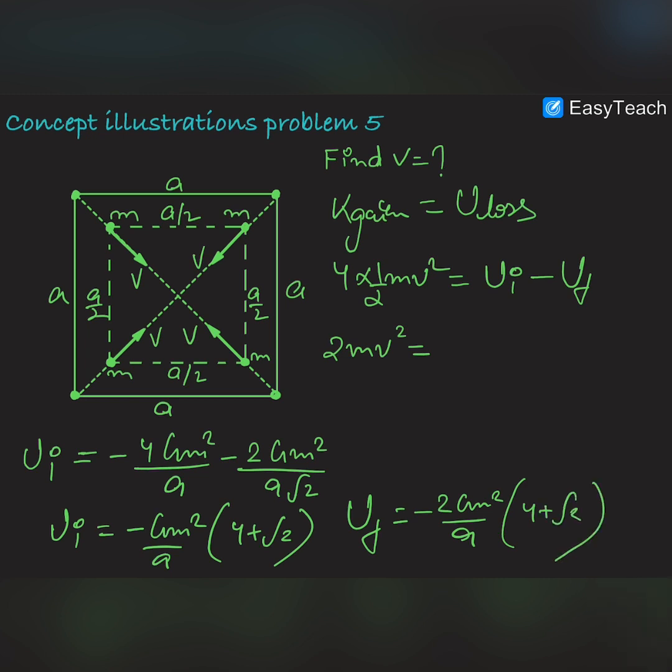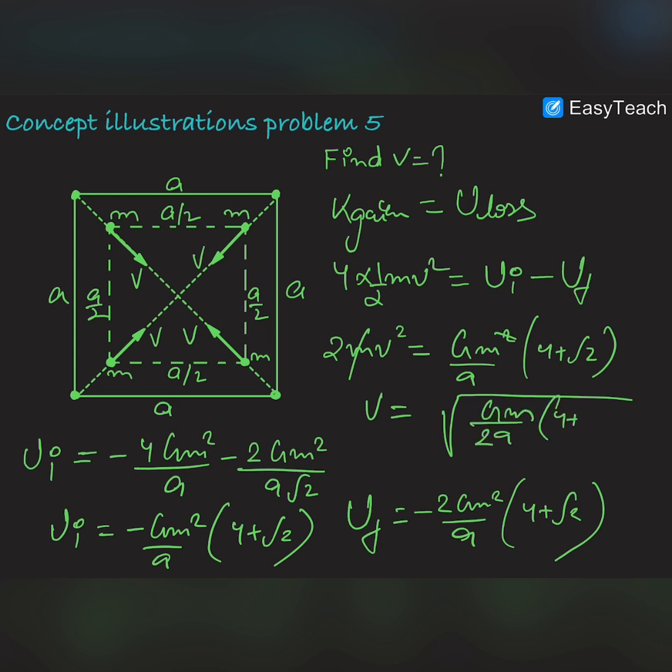So the U initial minus U final would be GM square by a into 4 plus root 2. Okay, so cancelling this m with m, we can see that v will be equal to under root of GM by 2a, into 4 plus root 2. So this is the value of the speed with which they would be moving at this instant of time.